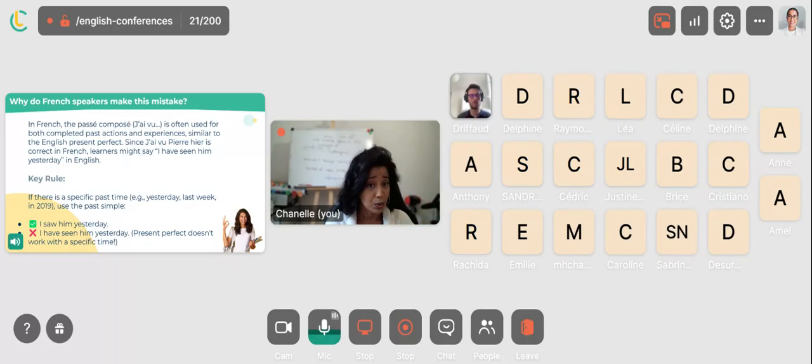So the key rule, as I've explained: if there is a specific past time, for example yesterday, last week, in 2019, you will use the past simple. For example, I saw him yesterday, not I have seen him yesterday, because the present perfect doesn't work with a specific time.